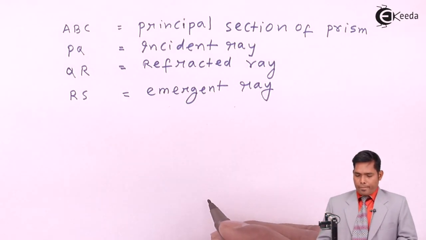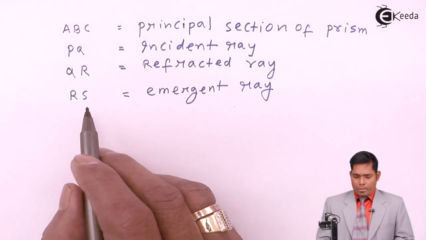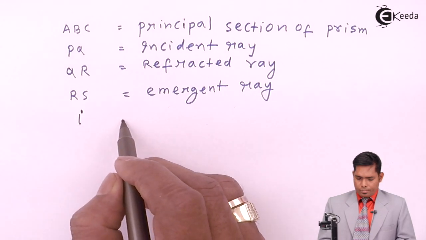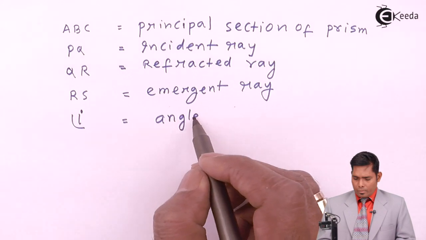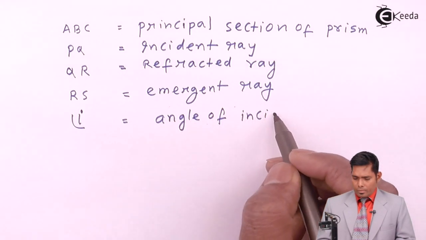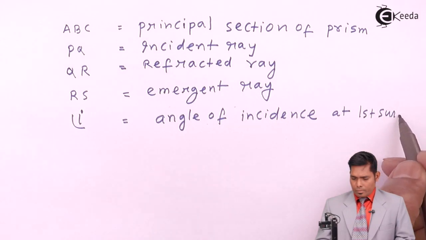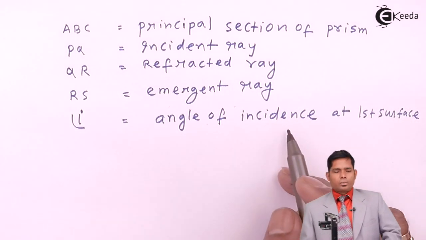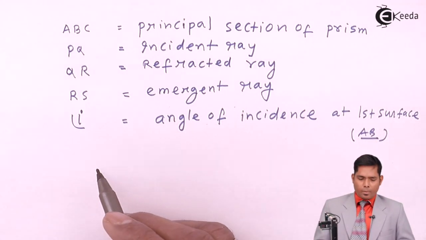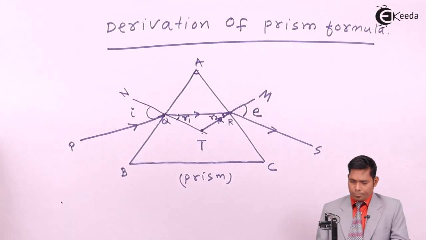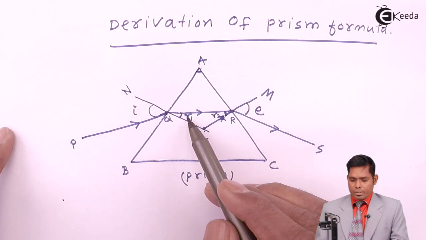RS is the emergent ray because it is coming out of the surface, and I is the angle of incidence at the first surface. First surface means which side? AB, this one. Here R1 is the angle of refraction.